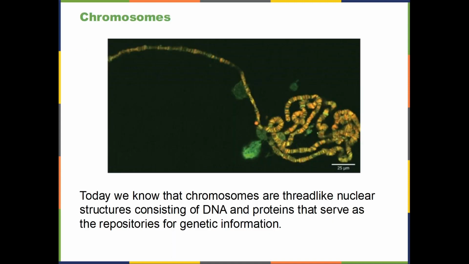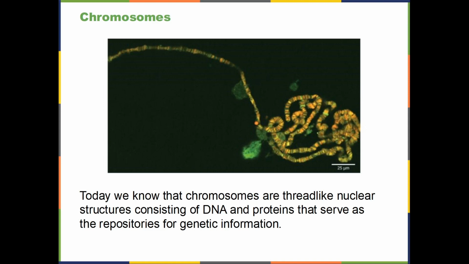Now, you'll also recall that chromosomes are made of DNA, and DNA is the data storing molecule inside of cells. That is where we have all our information that determines our phenotype.